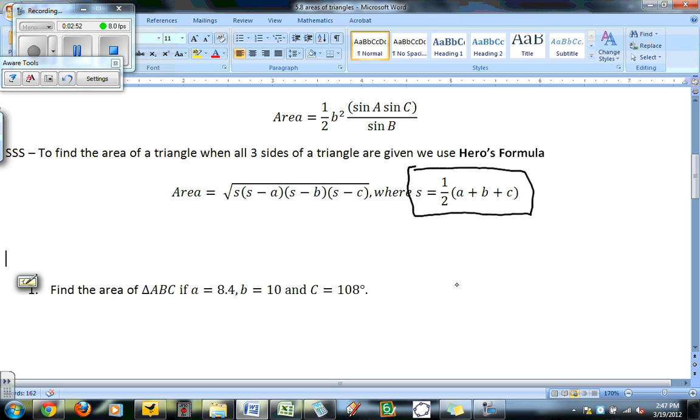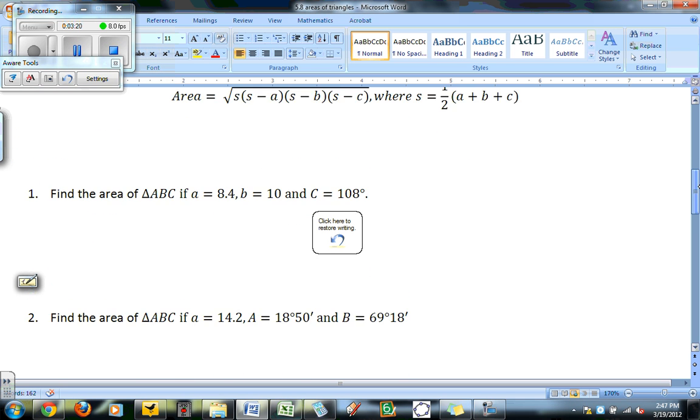So, say we have a triangle with sides 3, 5, and 10, which actually can't be a triangle, but if we have something like this, we would say, okay, 3 plus 5 plus 10, divide it by 2, and then we can plug that in for s in here. And then we just take s minus the side lengths inside the square root. Easy enough. We'll go through 3 examples here, one using each one of these formulas.